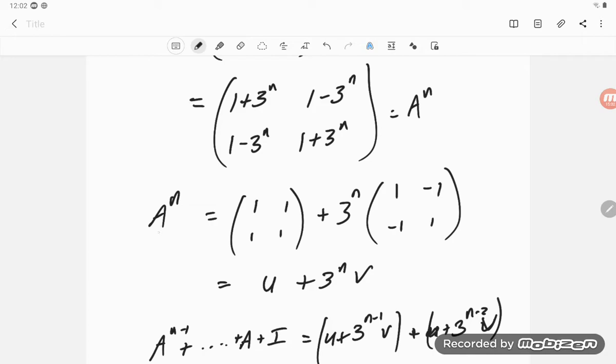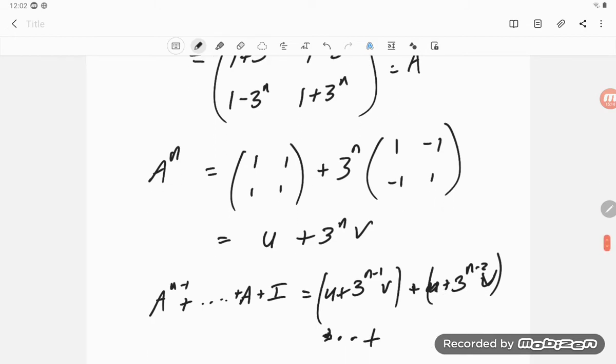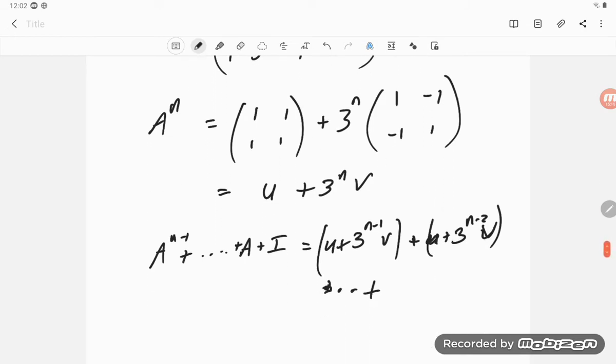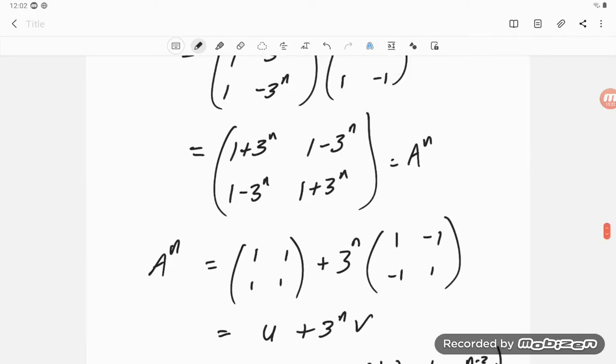Oh no, I don't want A to the 0, I want A to the 1, sorry. A to the 1 is 3, 4, yeah, A to the 1 is, that's too big. Okay, well, I might take back what I said about that 2.